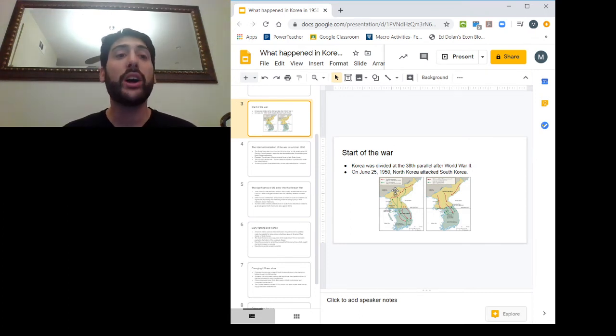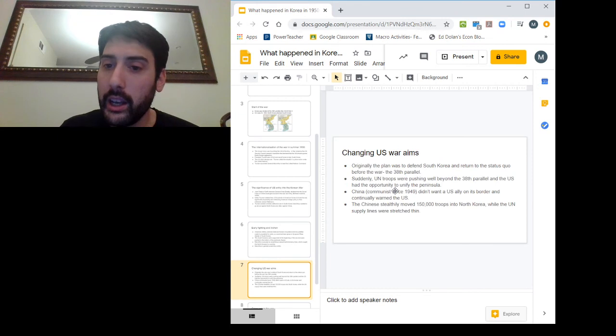And the Americans completely disregard. They're like, oh, the Chinese are weak. What are they going to do about it? And really, what you see are the Americans getting very arrogant and losing sight of their original war aims, which was the 38th parallel and showing credibility for containment, right? That was really what they were trying to do, all right?